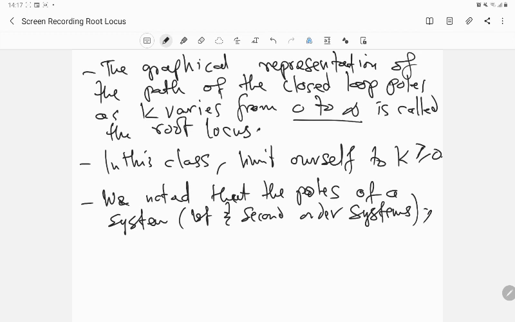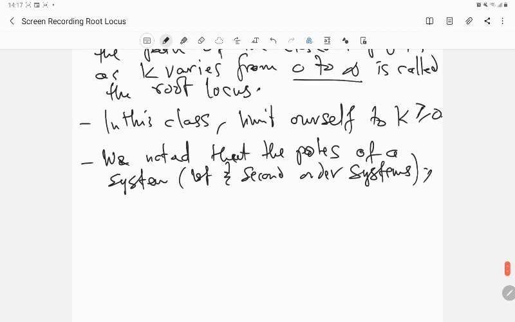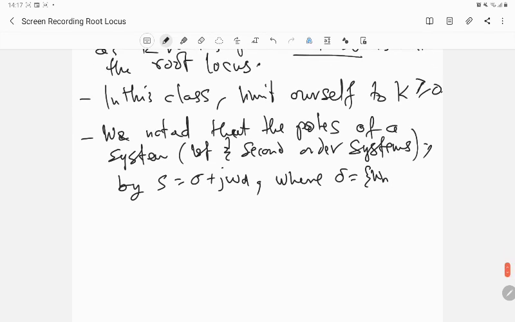We noted that the poles of an underdamped second order system are represented by s equals sigma plus j omega d, where sigma equals zeta times omega n, the damping ratio times the natural frequency, and the damped frequency of oscillation is given by omega d equals omega n times square root of 1 minus zeta squared.